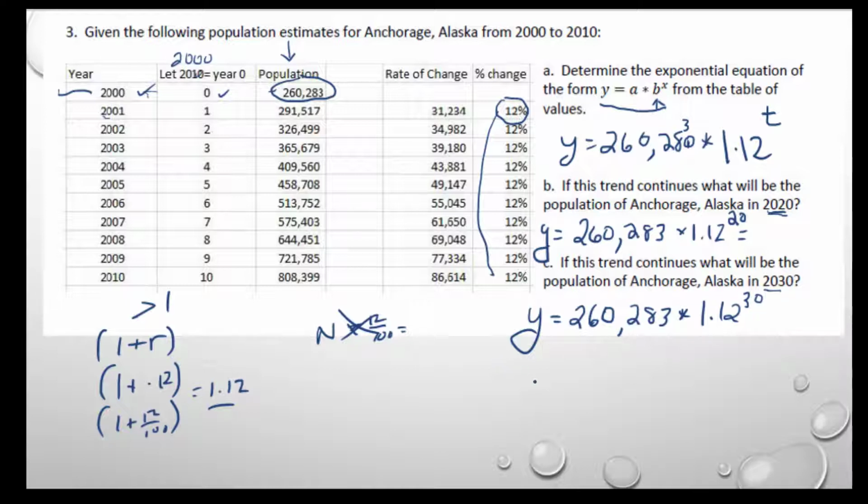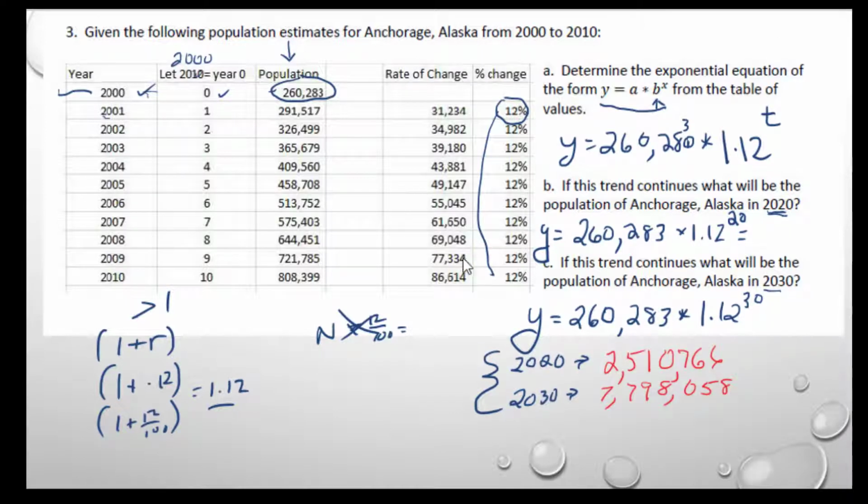Try putting those in your calculator, and I will put down the answers here. The population in 2020, if it continues to grow at 12% per year, will be this, and in 2030 it will be this. And so there are our answers right here.